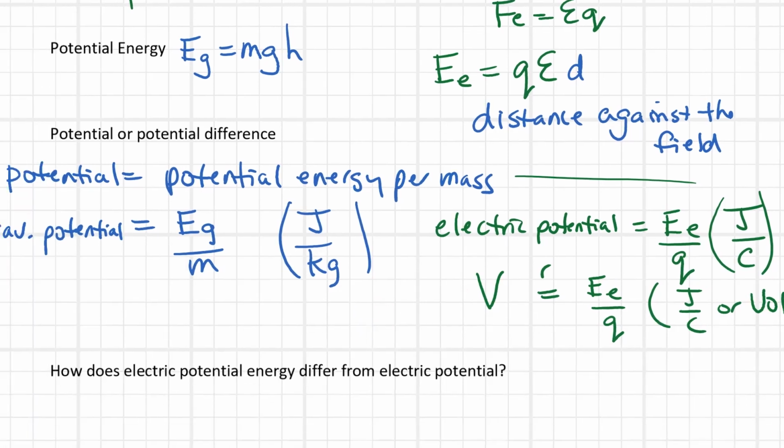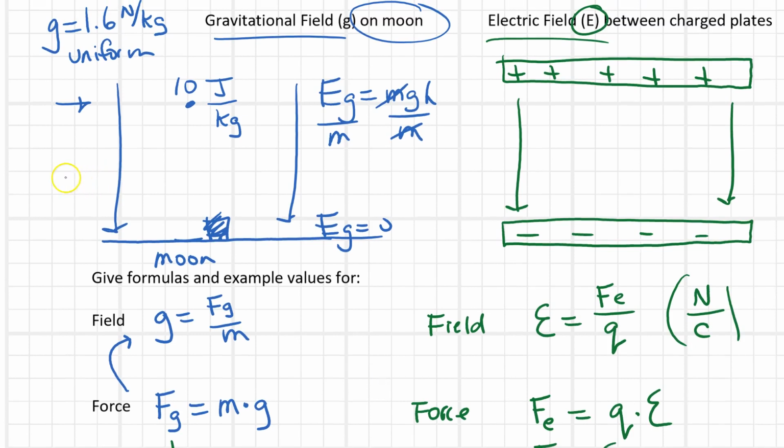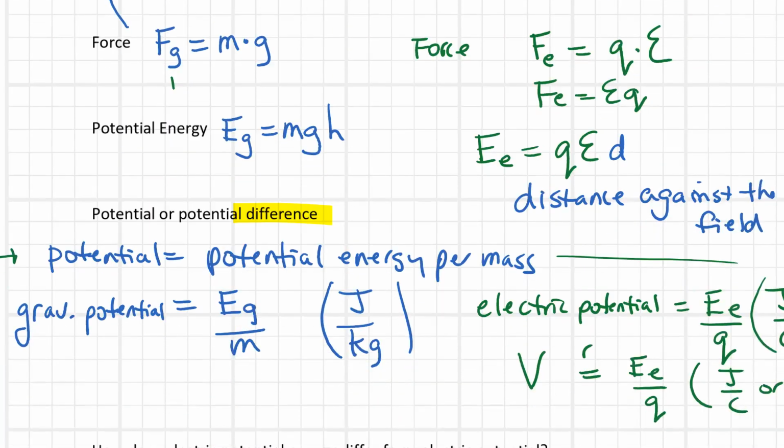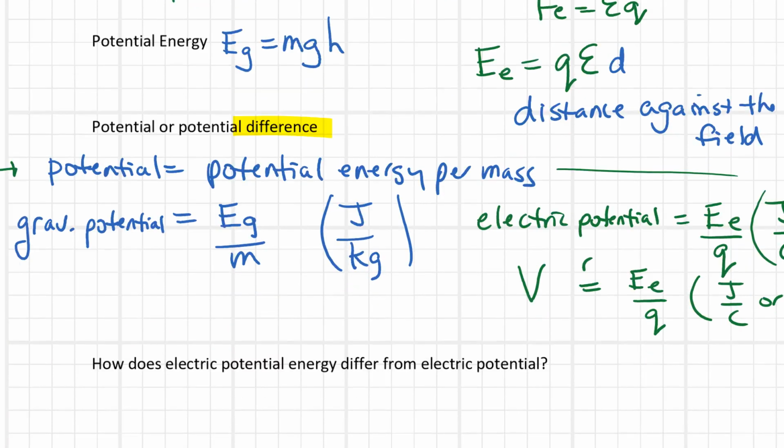The last one they talk about is potential difference. So potential difference would be the difference between one location and another location. So let's say if this location over here had a potential of 5 joules per kilogram, I could say between these 2 points, say between A and B, that would have a potential difference of 10 minus 5. So for potential difference, I'll just do the electric version here.